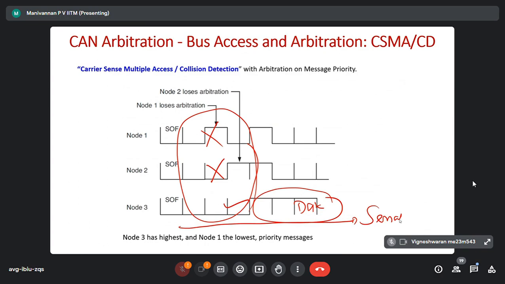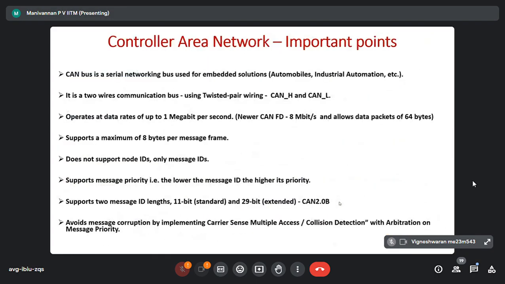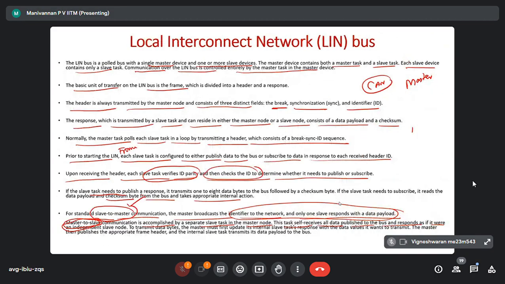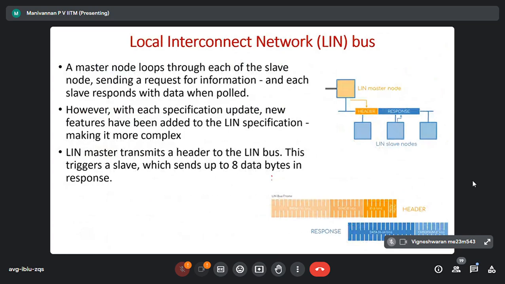Okay, sir. So the data also will be sent only after sending the identification. If you win the bus, then you become bus master and transmit. In LIN bus also, it is not happening in parallel. Correct? With respect to time, this is time. So here the arbitration, everything happens like this. Once you win, the data is sent.